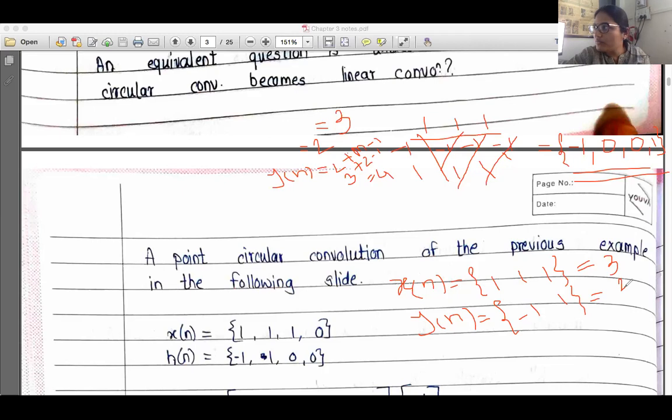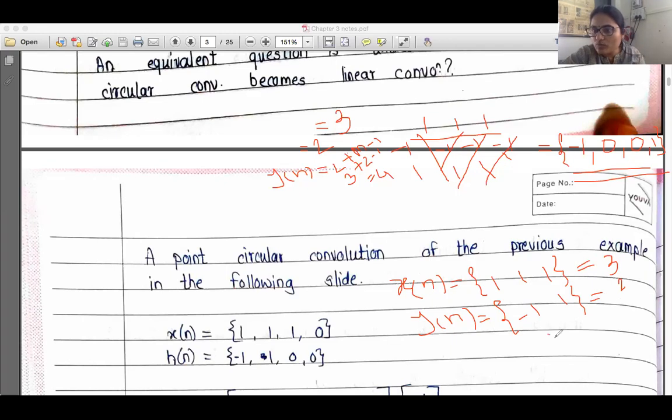So while performing circular convolution, we should, okay. So in case of circular convolution, length of output will be the maximum length. किती आता? याची 3 आहे, याची 2 आहे.